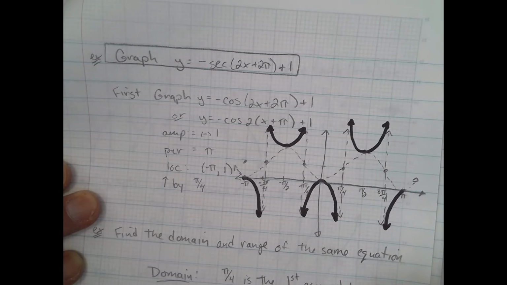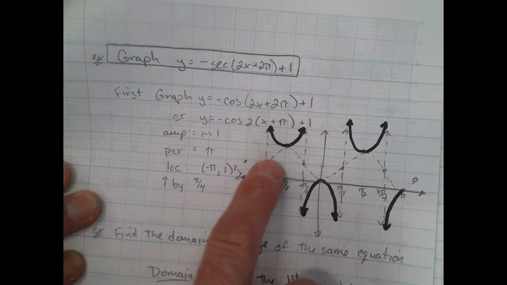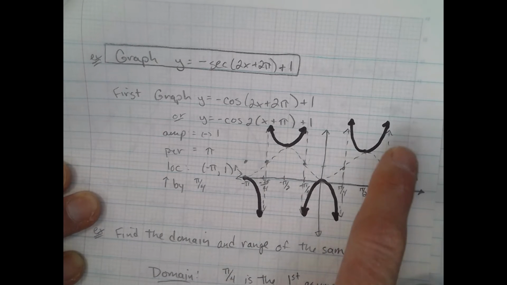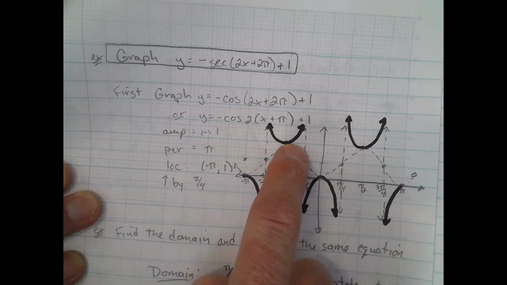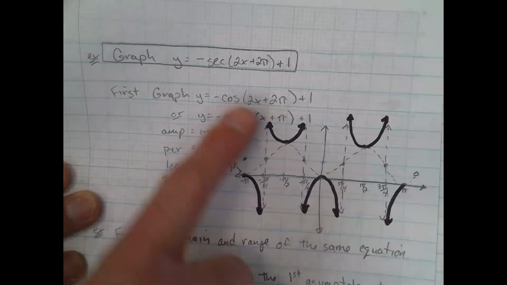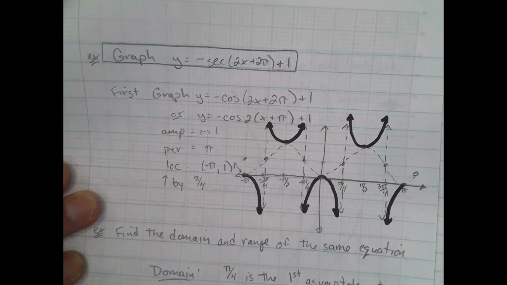Then secant would be, every time you have a midline point on the curve, we draw asymptotes, and then it goes down, hits it, goes up, and this darkened curve is the equation, y equals negative secant, and that stuff. Okay, so really if you can graph cosine, you can graph the secant.